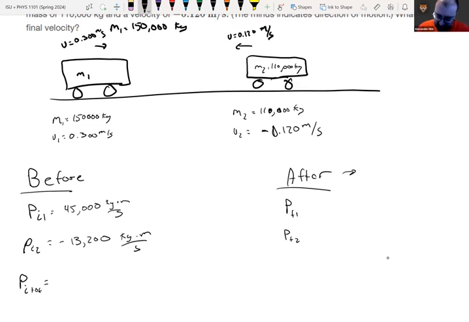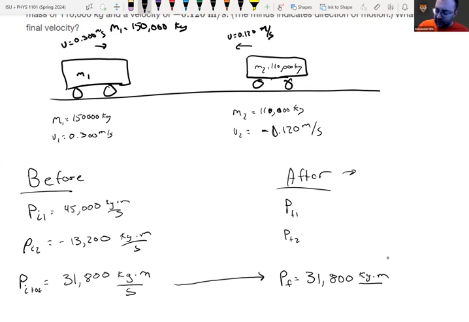So we get 45,000 minus 13,200, which is 31,800 kilogram meters per second, positive. Now, we realize that this initial momentum is just equal to the final momentum. And that is the whole magic of conservation of momentum: once you get either the total initial momentum or the total final momentum, you have it both before and after. That's what's so nice about how this works.